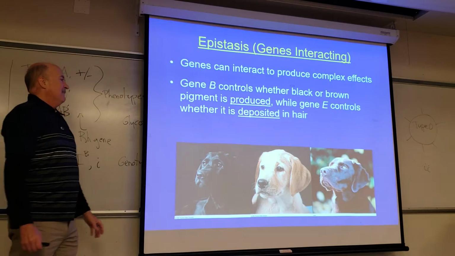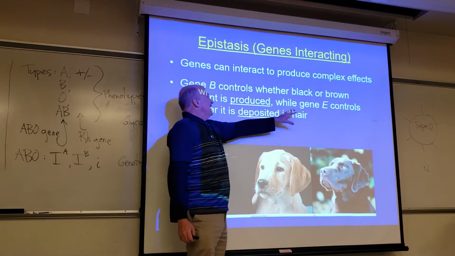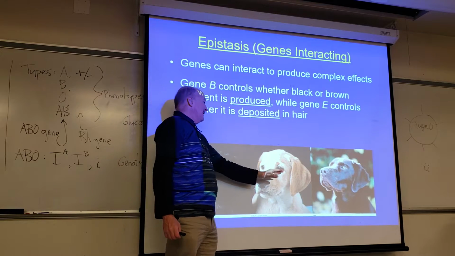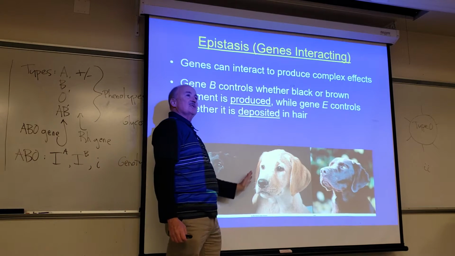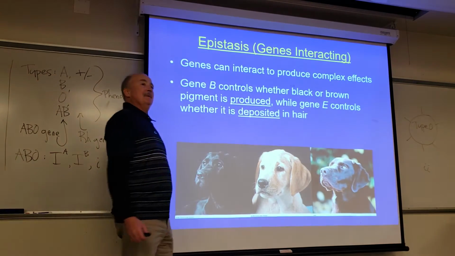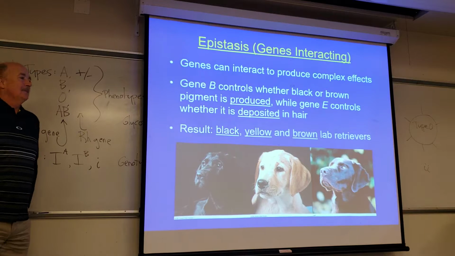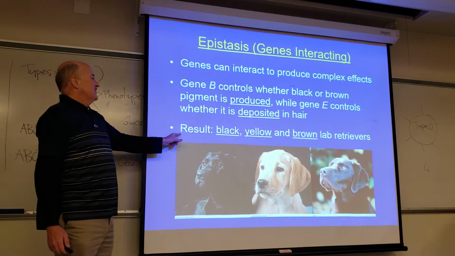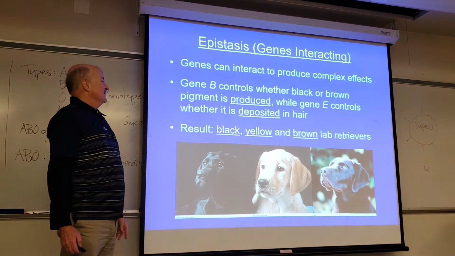So what will happen if you have an epistatic effect from gene E, it may prevent any pigment from getting in, and then you just have the yellow dog. That's basically the color of the hair without any pigment added to it. Basically a blonde dog at that point. So you've got these three different outcomes with dogs.